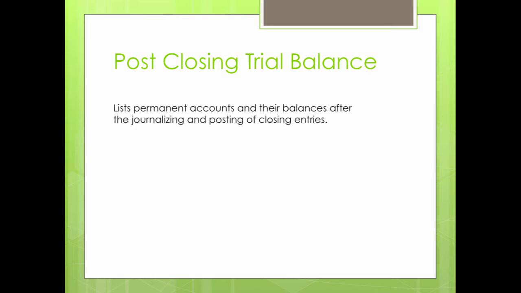Well, now you close the books and now you're going to have to come up with a new trial balance based on those new totals, okay? So I'm not going to really go over that because you should already know how to come up with new totals. It's the same procedure for trial balance and adjusted trial balance. It's just that now after you close the books, you come up with the new totals.